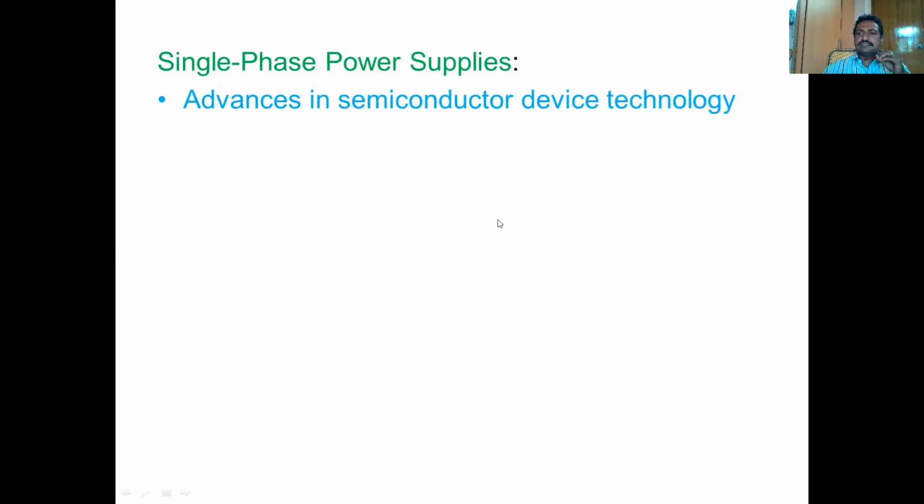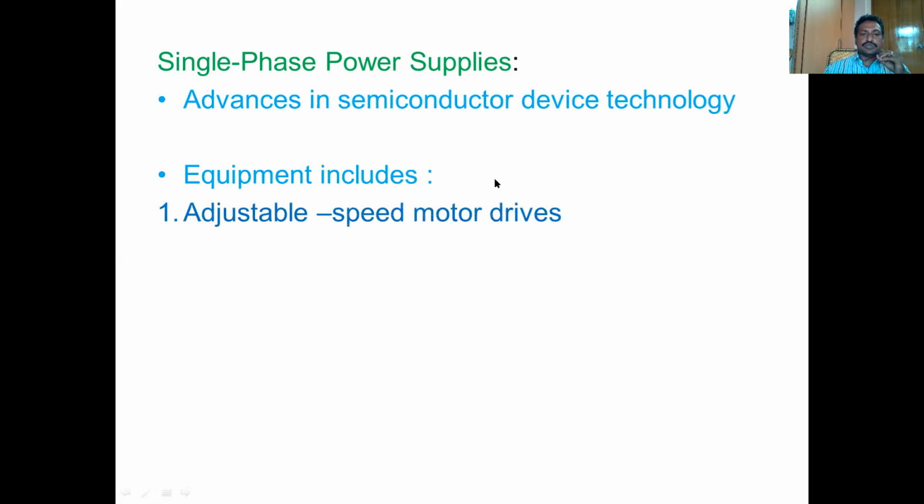Nowadays there is so much advanced technology in semiconductor devices, VLSI, microelectronics, microcontrollers. So much advancement is there. Due to this, all these require only single phase power supplies, and so there is also a source to develop harmonics.